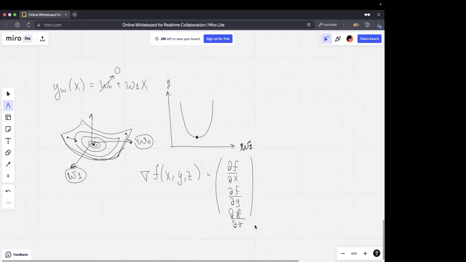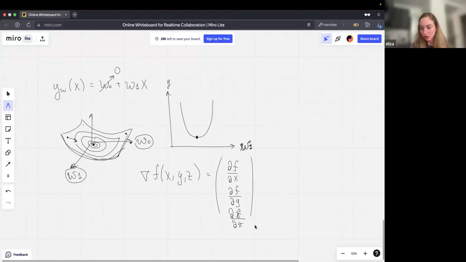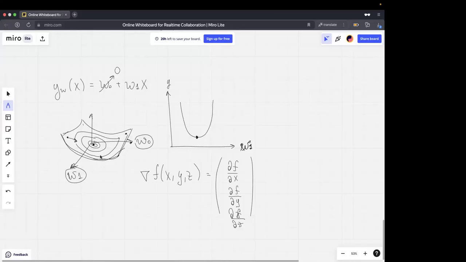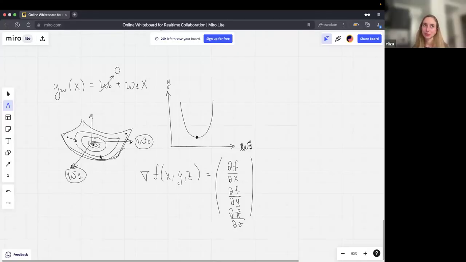You calculate the gradient vector at some point. Which direction does it show? It gives the direction of the maximum rate of change, the direction of maximum growth of your function.